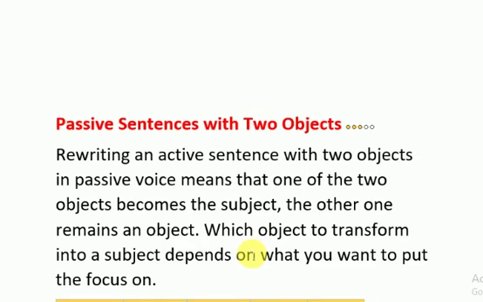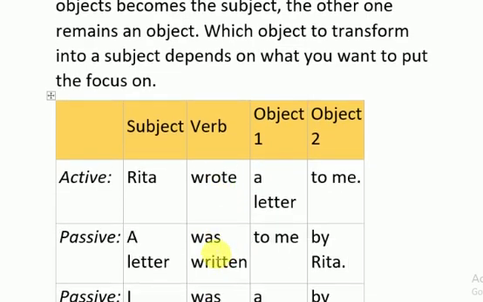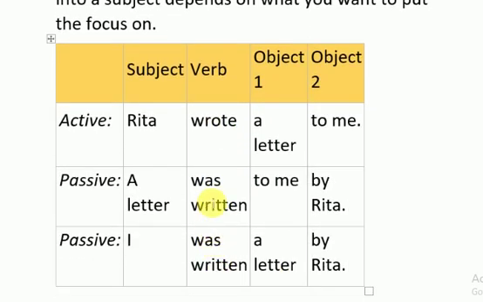Which object to transform into a subject depends on what you want to put focus on. We said that in the passive voice we focus of course on the action, not the doer. And when you have here two objects, which one you are going to focus on is the one which will be the first. So here you have examples.